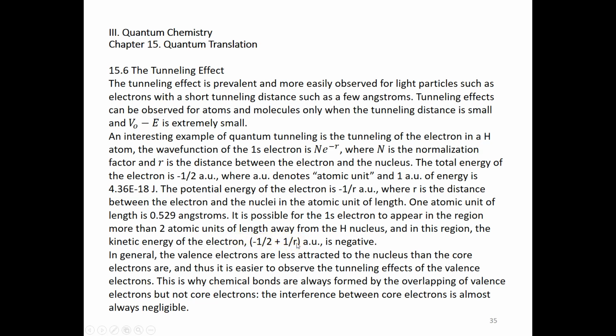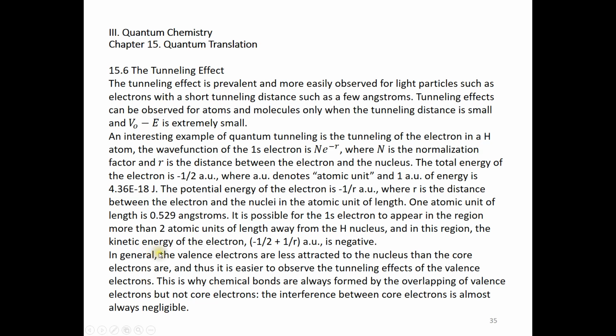What if this r is greater than 2 atomic units? Now we have a negative kinetic energy. So we can also observe the tunneling effect in a hydrogen atom. It's just prevalent and easily observed for light particles such as electrons.